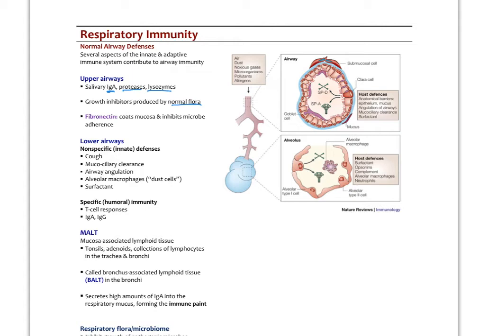In the lower airways, we have innate defenses like cough, the mucociliary clearance we talked about, airway angulation like in the bronchi, alveolar macrophages, those dust cells I just talked about, and surfactant, all are non-specific defenses. And then we have specific T cell defenses, and that can secrete IgA, IgG via activated B cells.